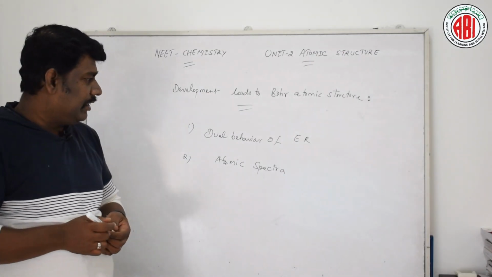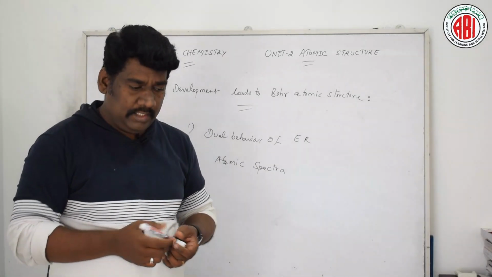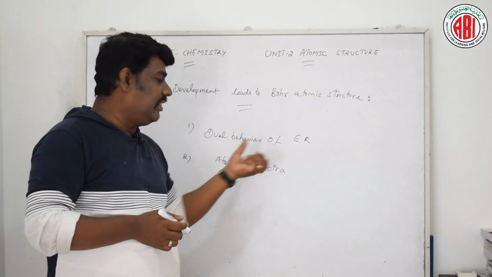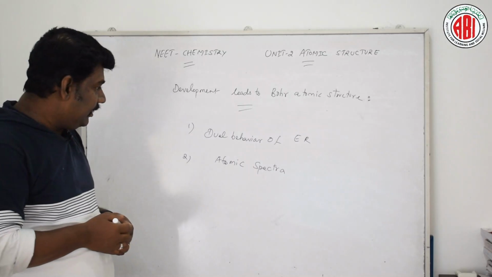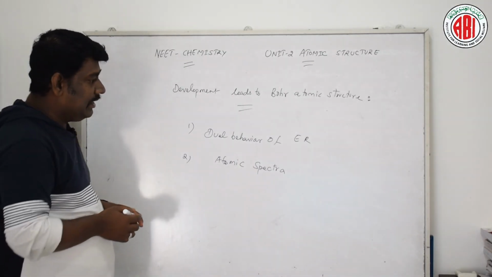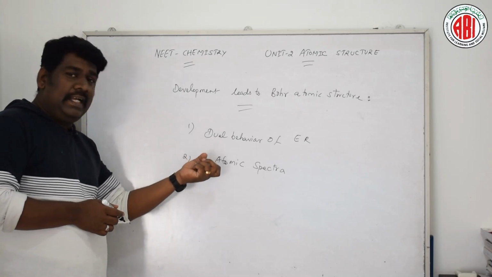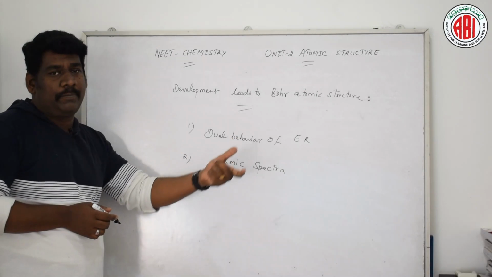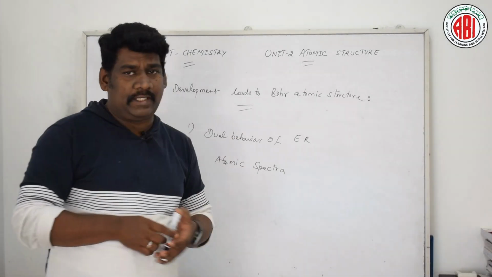There are still a few theories going on about the behavioral nature of electromagnetic radiation. According to this, electromagnetic radiation or light has both particle-like characteristic features and wave-like properties. And followed by this, atomic spectra.